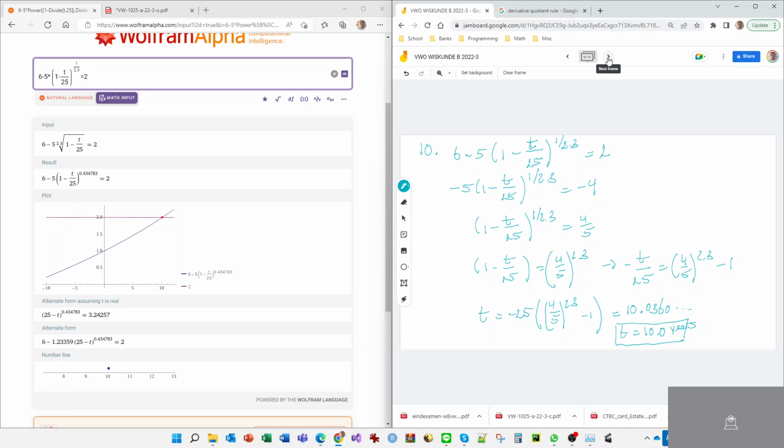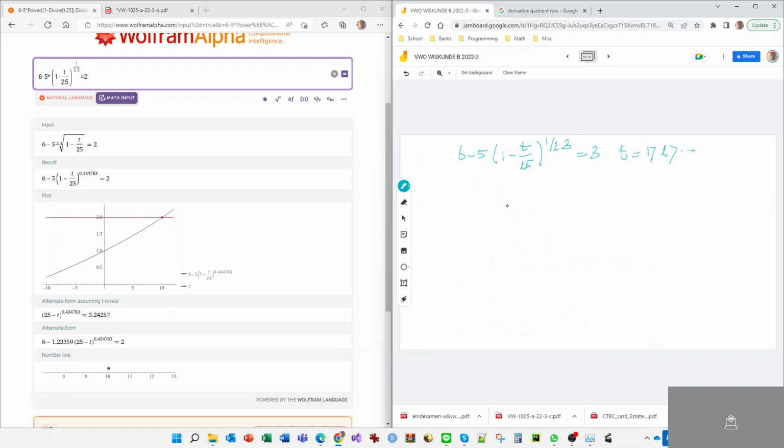So the time at which C rounded down is 2 is then 17.27 minus 10.0.